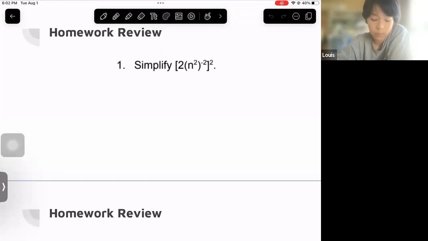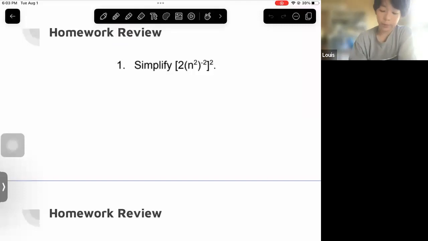Does anyone want to share their solution from the homework? If no one does, then I'll just do it.